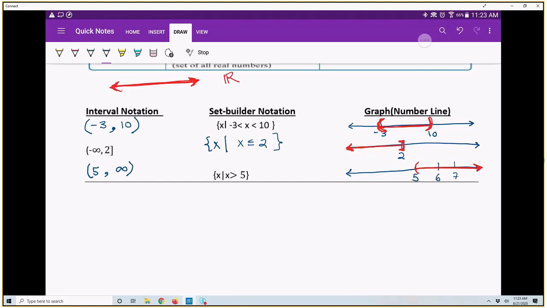We're talking about 19, 30, 1,000. We're also talking about 5.1, 5.2, 5.5. So the way we depict this pictorially is we just shade in the entire line, everything to the right of 5. Oops. Put my line back. Okay.